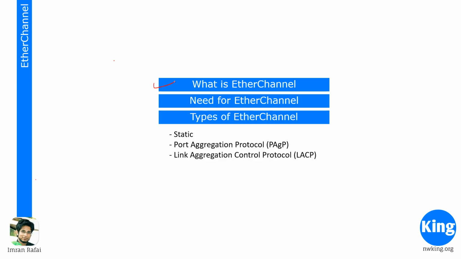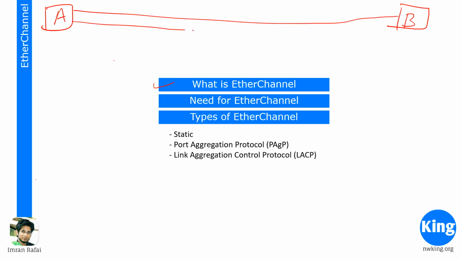So let's assume we have switch A and switch B, and two redundant links between these two switches, or even if you want, we could give three redundant links.